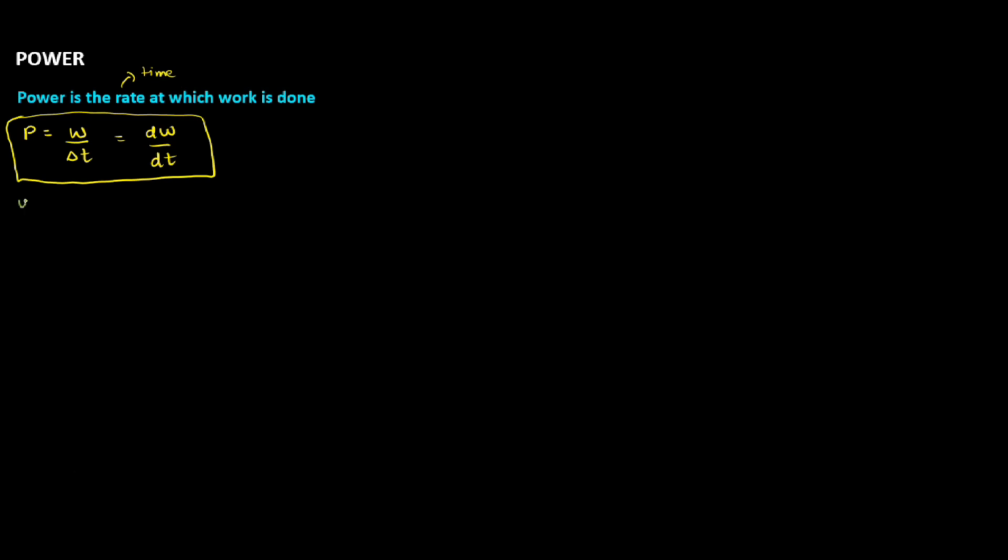The SI unit of power is watt, which we write as capital W. Now do not confuse the SI unit of power with the notation of work. The symbol of work is also capital W, whereas the unit watt is also written as capital W. Do not confuse these two.